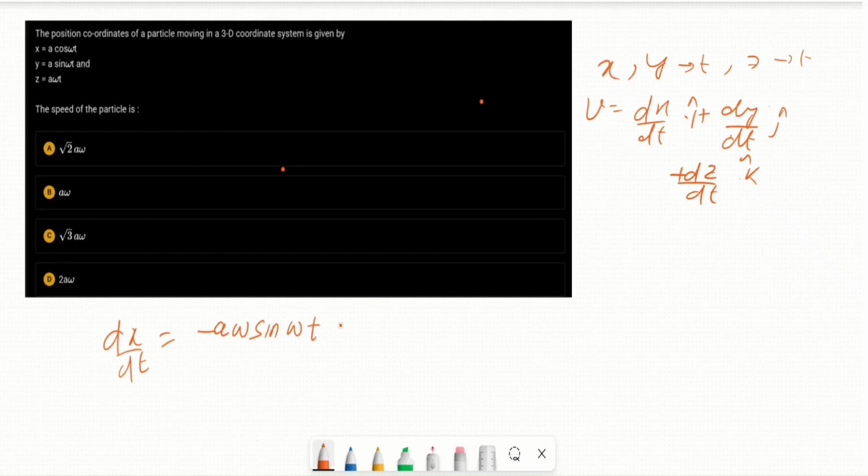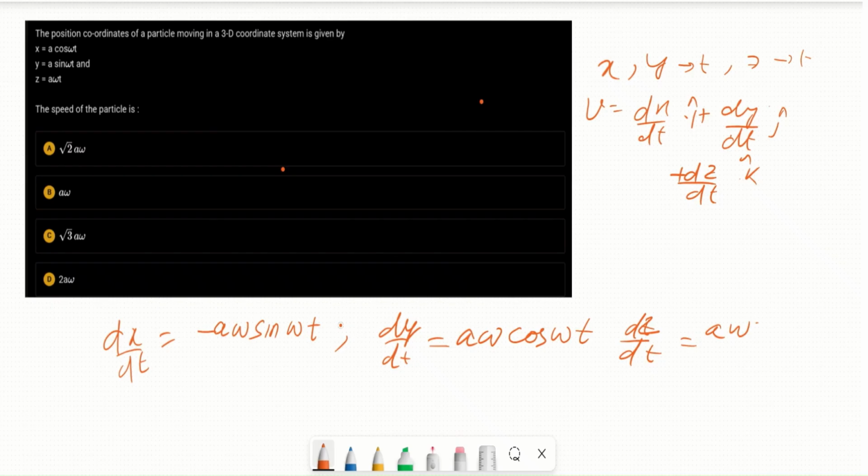And similarly, dy by dt is equal to a omega cos omega t, and for z, dz by dt, we get a omega, right? A omega.